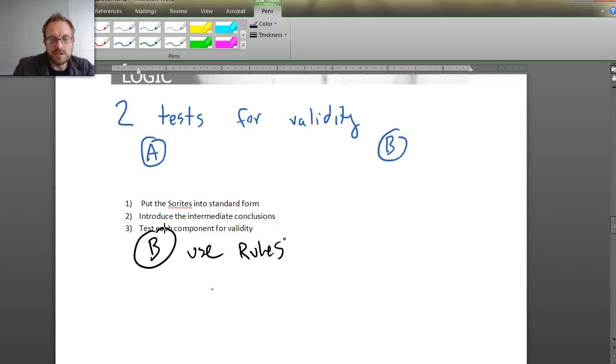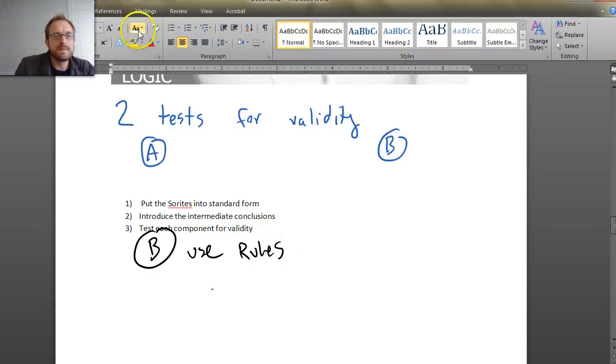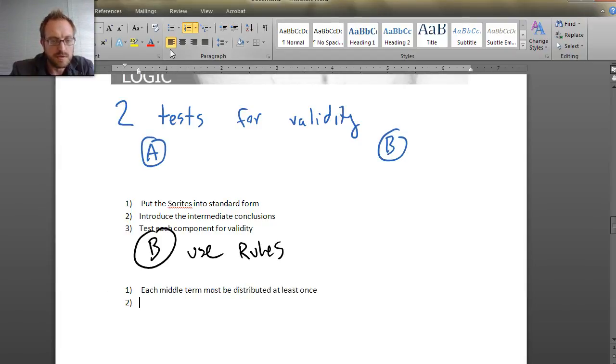Okay, so let's show you what that looks like here. In order to look for the 5 rules, here's what the 5 rules are, right? The first rule is that each middle term must be distributed at least once. Okay, each middle term has to be distributed at least once.